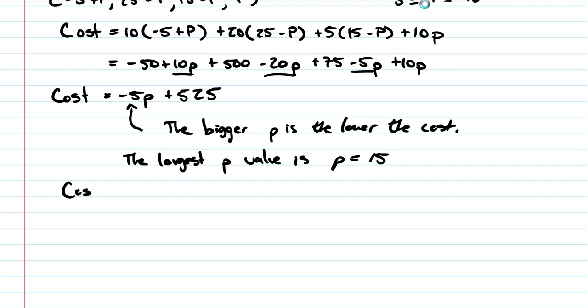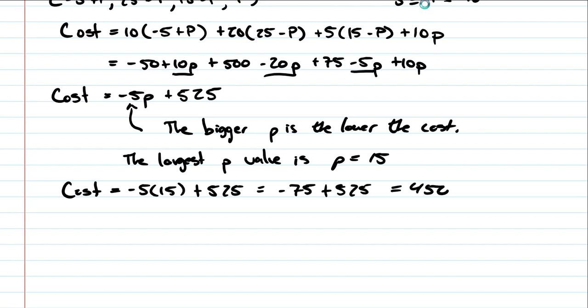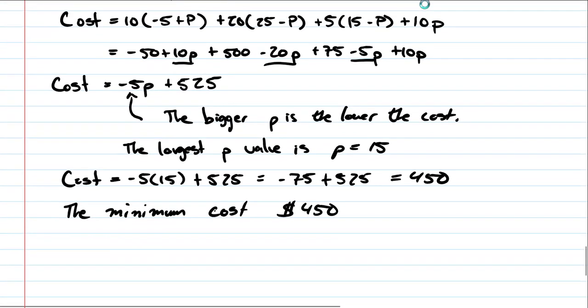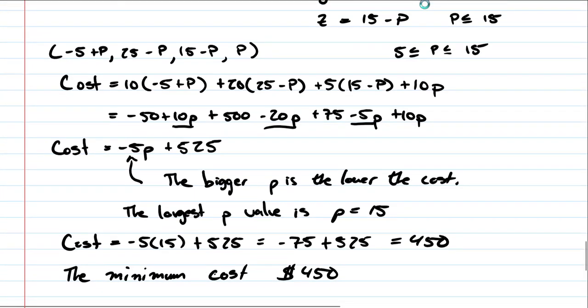So that tells us that our cost is negative 5 times 15 plus 525, which is negative 75 plus 525, which is 450. So the minimum cost is $450, and that will occur when p equals 15.